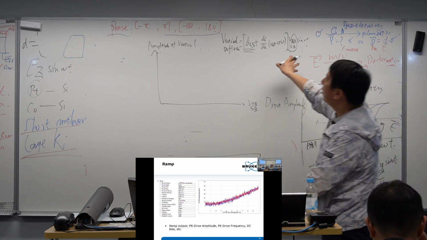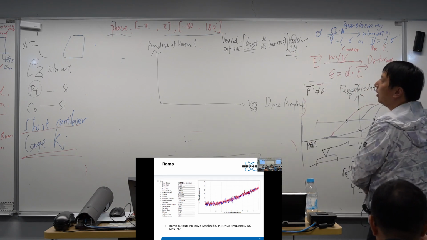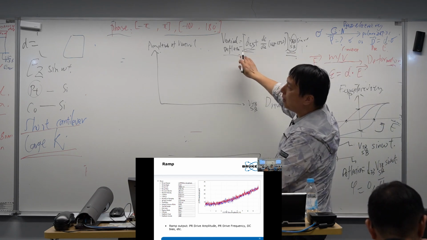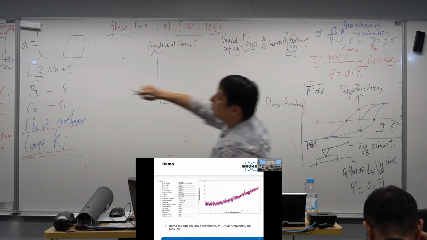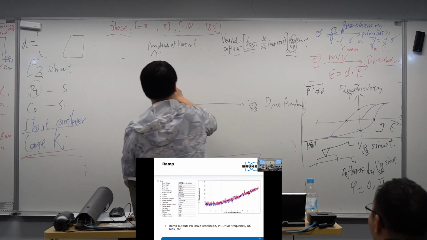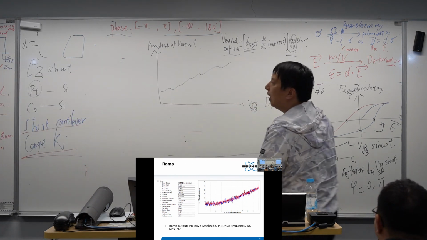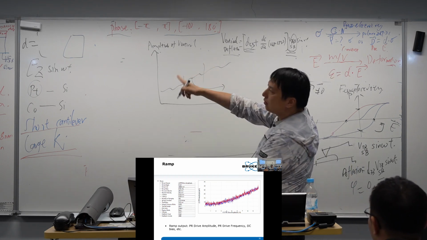Based on my theory, as I increase this drive amplitude, the vertical deflection should increase proportionally. So I will get a graph something like this, and then I get the slope of this curve.